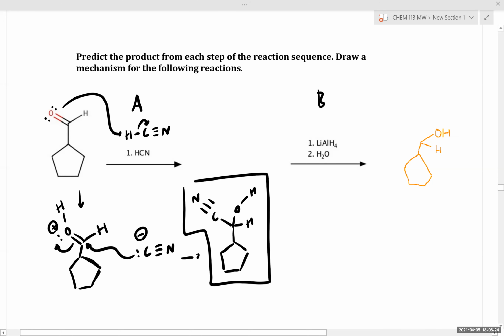Anyway, when we treat this nitrile with lithium aluminum hydride, we would reduce the nitrile all the way down to the primary amine. Yep. And the student proposed structure looks completely reasonable. So let's clear that annotation. Let's just show the structure of the product.